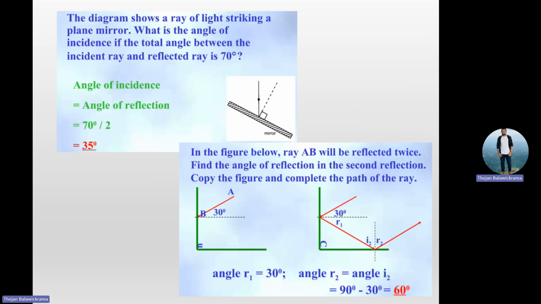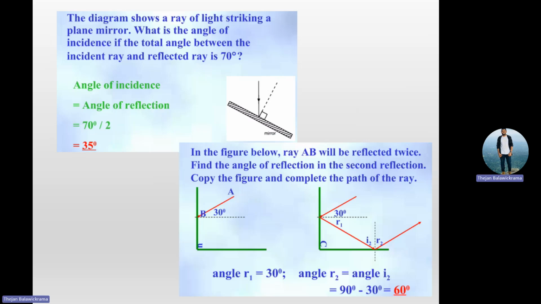According to the reflection laws, R1 should be equal to 30 because the angle of reflection is equal to the angle of incidence. Once this is 30, this should be 60, because here it is 90.